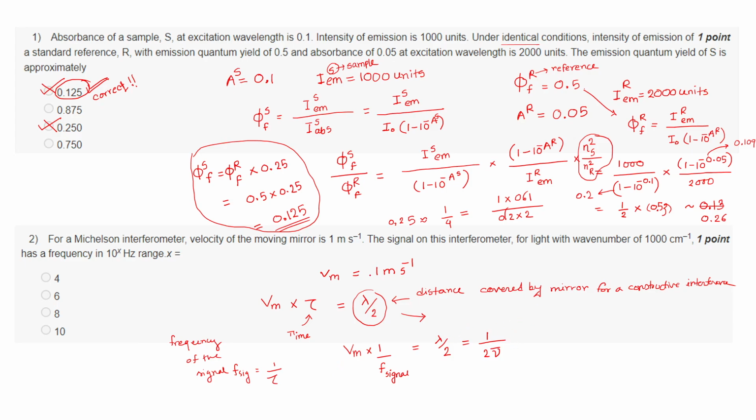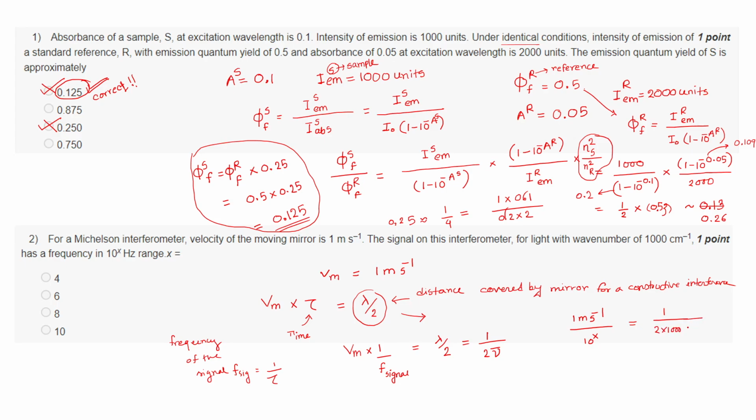So what are the things we have here? We have the wave number of the light, we have the velocity, we have the frequency of the signal. Okay, so let us write. Vm is given as 1 meter per second, divided by the f signal, that is also given as 10 to the power x, is equal to lambda by 2, or 2 into 1000 centimeter inverse.